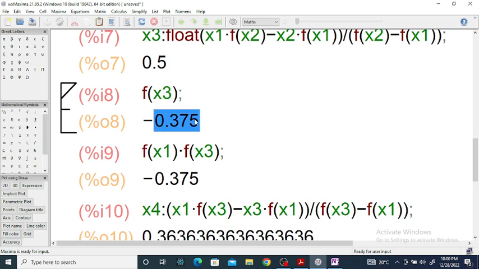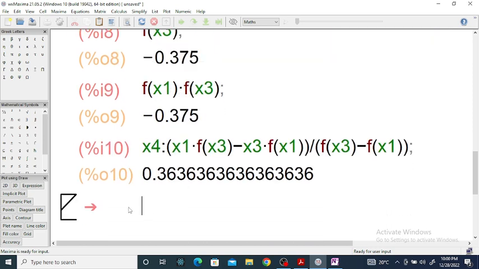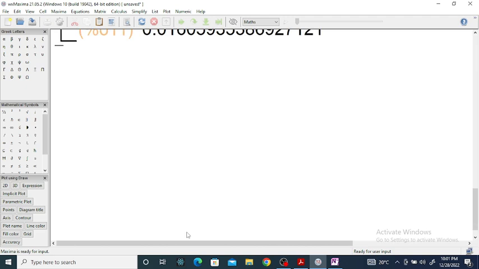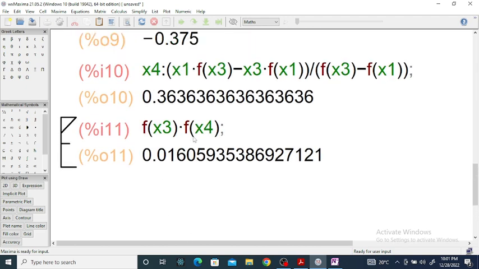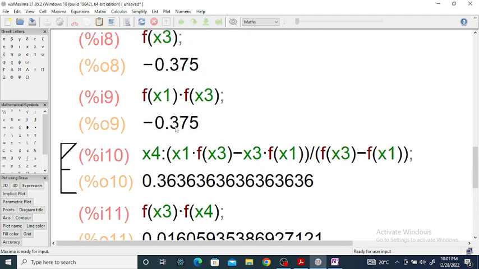So our next step, you can check the sign of f of x3 times f of x4.